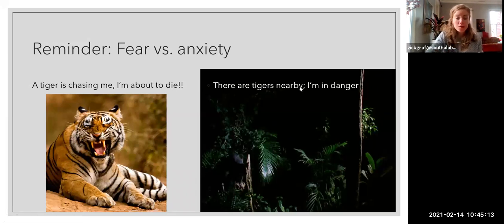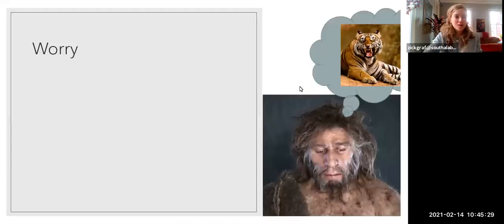So anxiety would be an appropriate response, not when you're actually being chased by a tiger, but when you know that you're somewhere where there are tigers around. It makes you vigilant, it puts you on guard, and it makes you more likely to go into a full-blown fear, fight, or flight response as soon as you notice something in your environment that seems to warrant it. Both of these emotions fall under the fear umbrella because anxiety is a physiological state that primes us to feel fear.